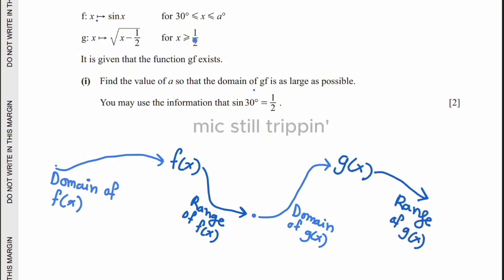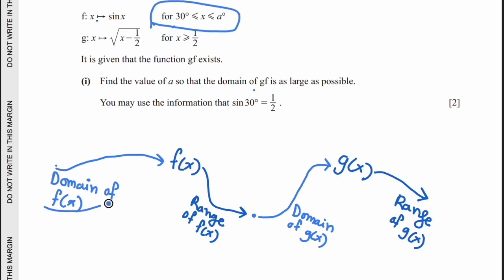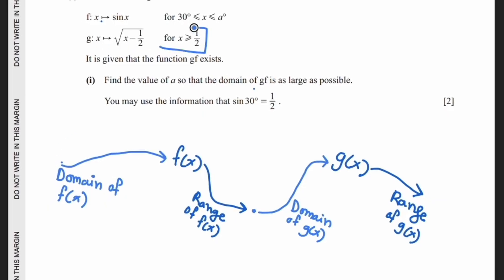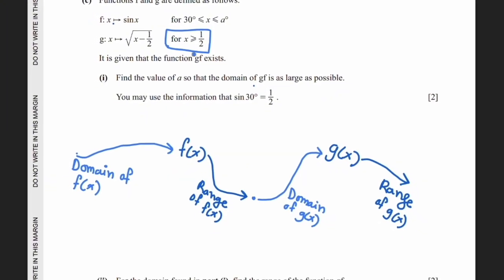Okay, so let's see. We are here to work with this one. This is the domain of f of x, right? So we want the domain of gf to be as large as possible, so we want the domain of f of x to be as large as possible. From the question, we are given that the domain of g of x is x greater than half.